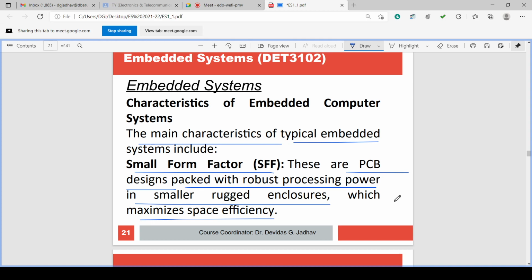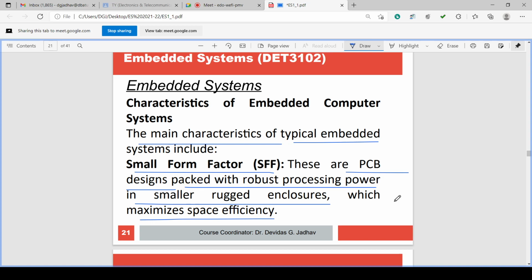So the PCB is packed with robust processing power in a small rugged enclosure. The outside enclosure is very rugged, a metal or plastic enclosure, and that minimizes the space very efficiently.